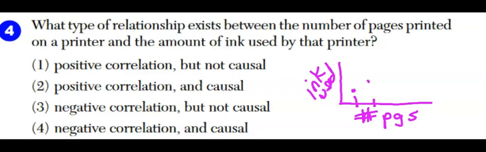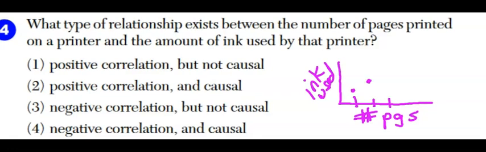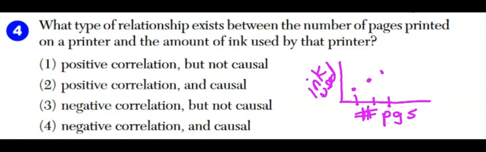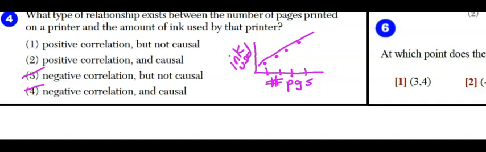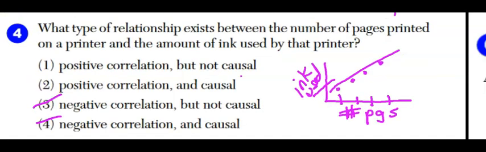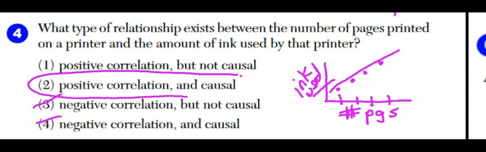Print 2 papers, I use a little bit more ink. If I print 3 pages, I'm going to use up even more ink. If I print 4 pages, I'm going to use up even more ink. So it looks like we've got a positive correlation. And the more pages I print, the more ink I use. So it is causal.